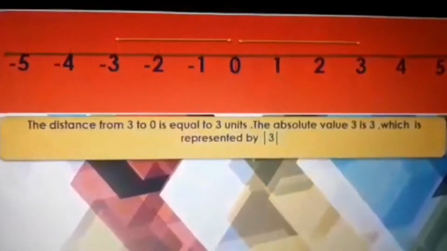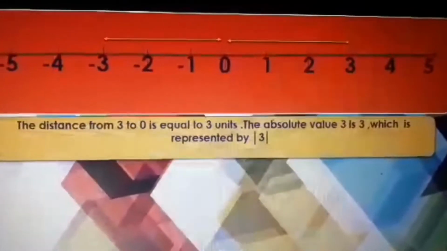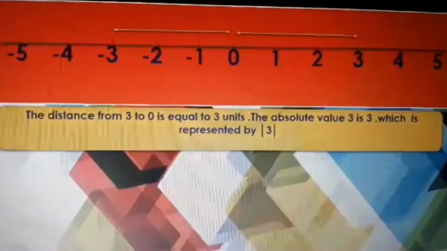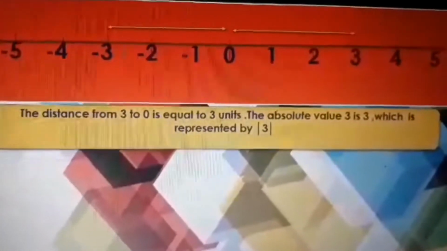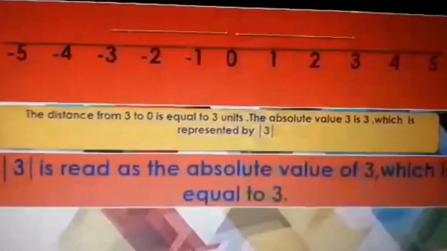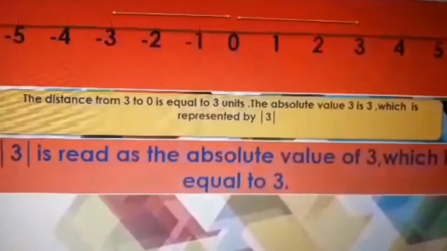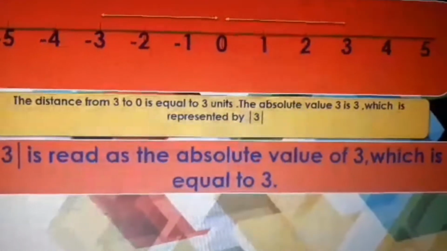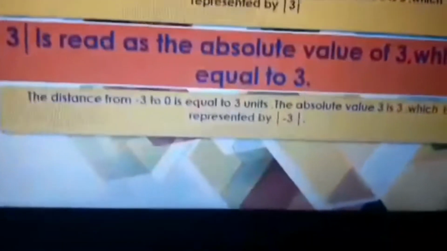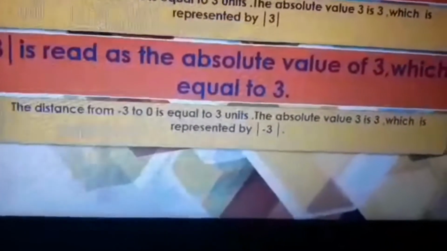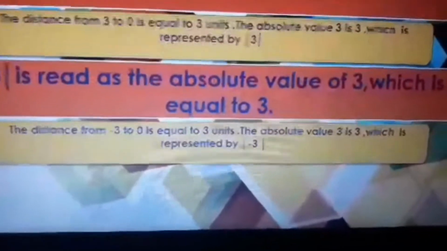Okay. So the distance from 3 to 0 is equal to 3 units. The absolute value, 3, is represented by the absolute value of 3. The absolute value of 3 is read as the absolute value of 3, which is equal to 3. And the distance from negative 3 to 0 is equal to 3 units.